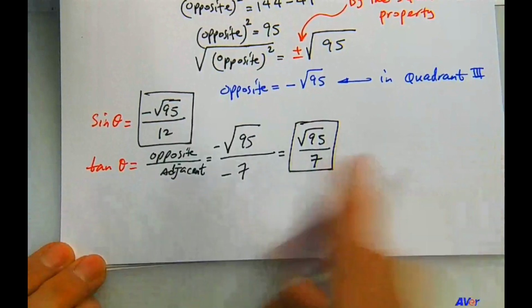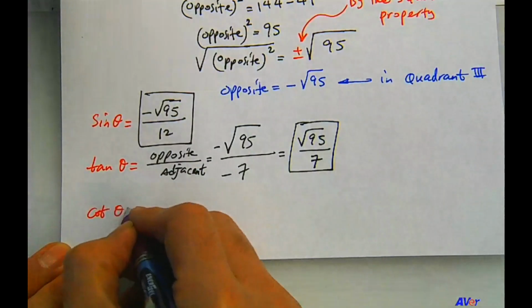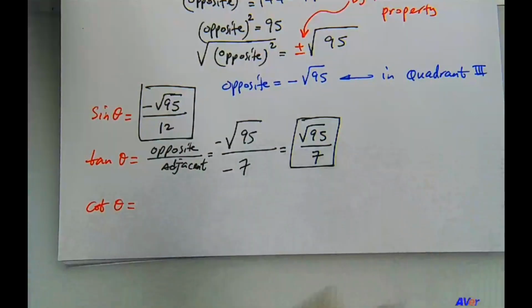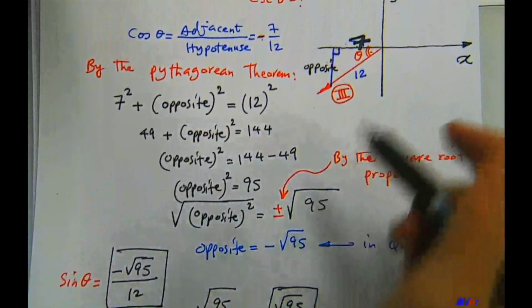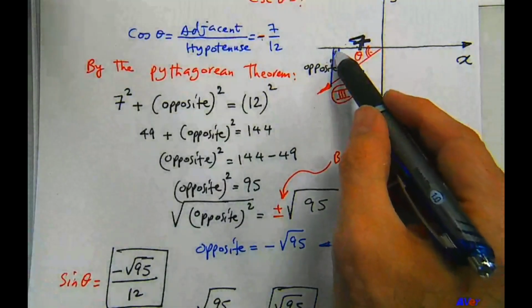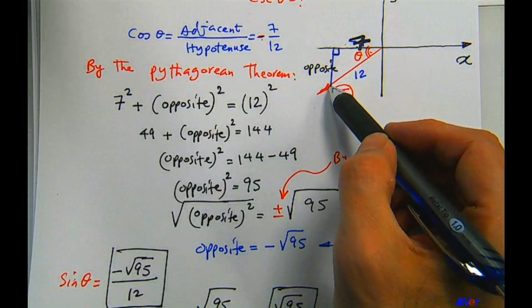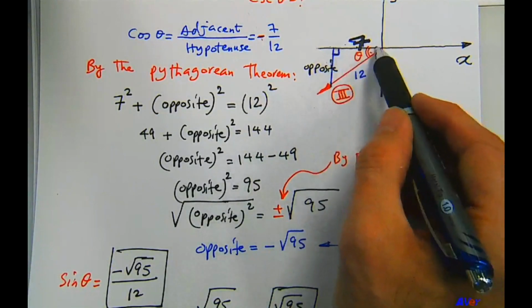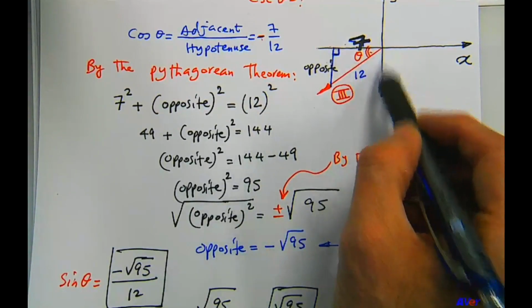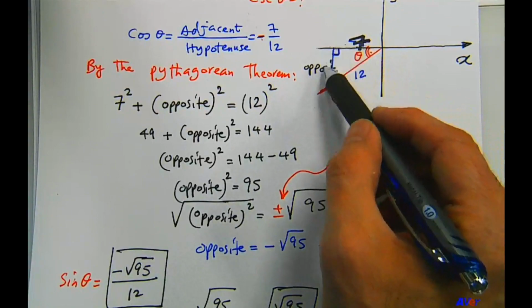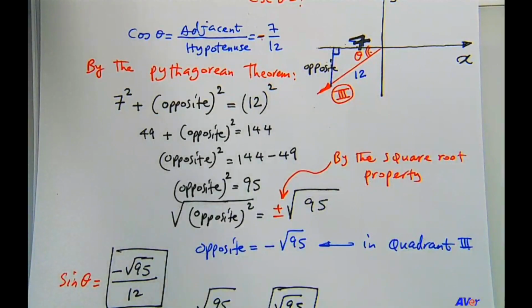And cotangent of theta, it is the adjacent divided by the opposite. Of course, the adjacent is along the negative x-axis. The opposite is along the negative y-axis. So negative divided by negative is positive.